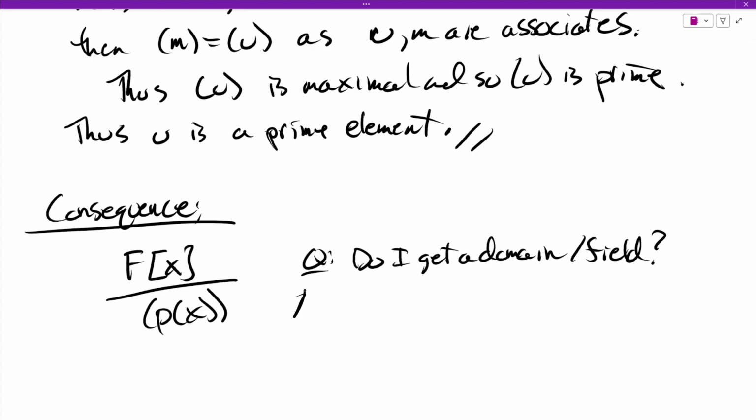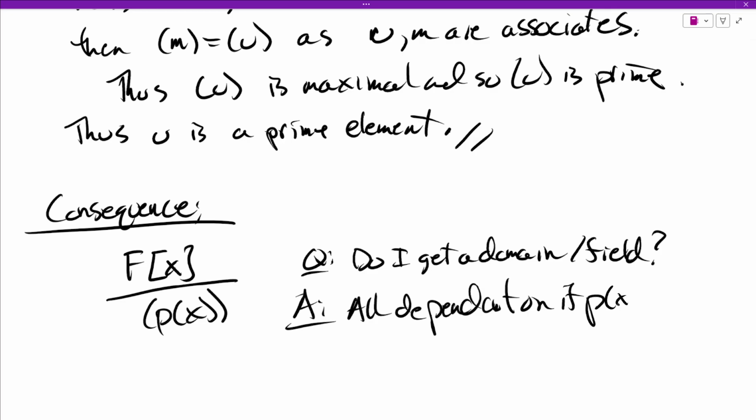By what we've done, it's all dependent on if P of X is prime. If it's prime, then we're modding out by a maximal ideal because we have a PID, so we get a field. But by the theorem we just proved, it's actually not all dependent on that, which is a harder definition to apply in this setting.